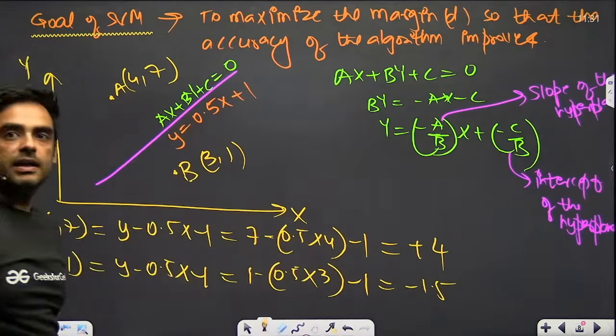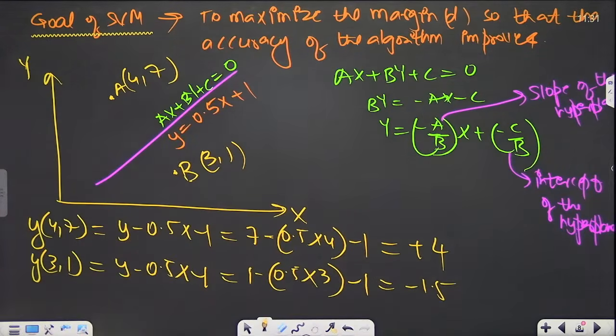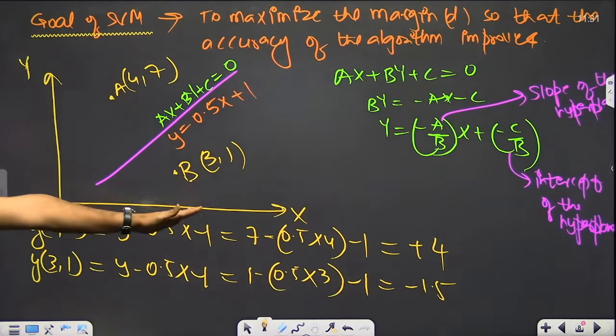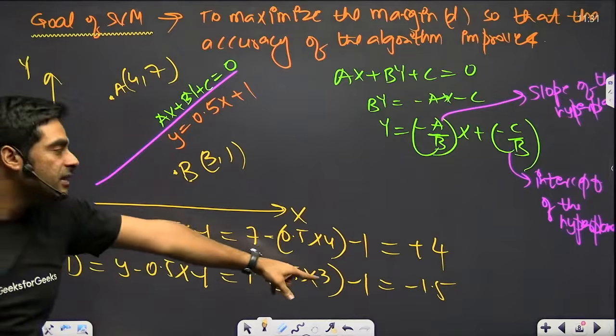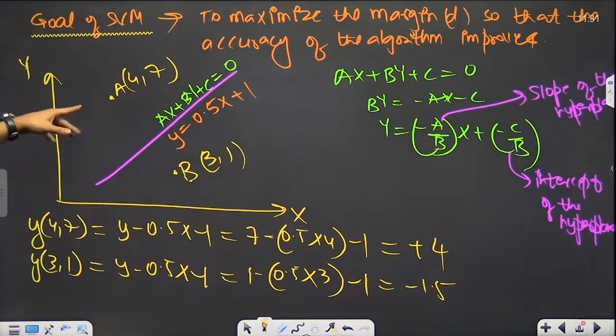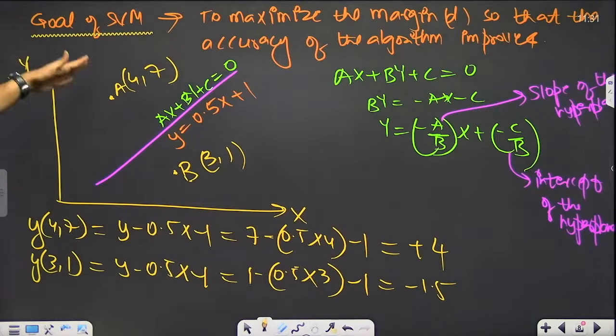Now the thing which you have to see here is that y of (3, 1), which belongs on one side of the hyperplane, is coming negative, and y of (4, 7), which belongs to the other side of the hyperplane, is coming positive.